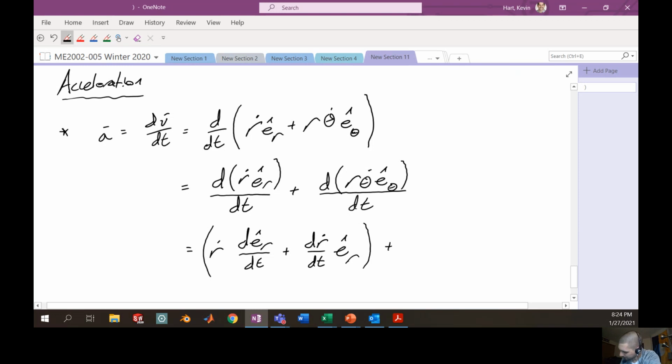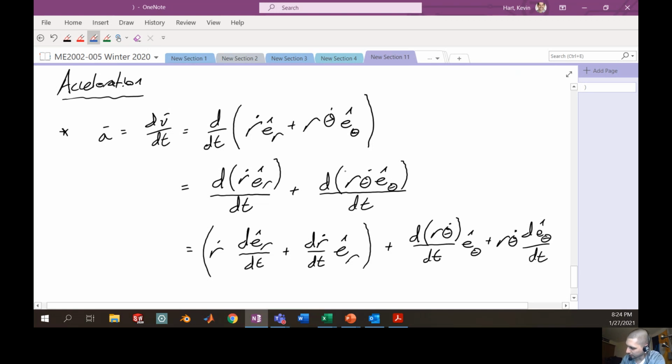I'm going to sort of think about this term as just one term. So this is the derivative of the first bit times the second bit plus this r theta dot times the derivative of e hat theta dt.